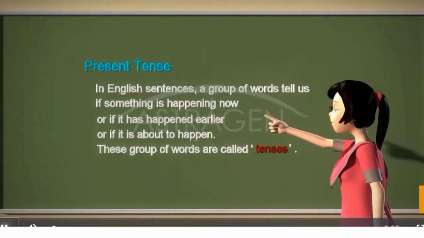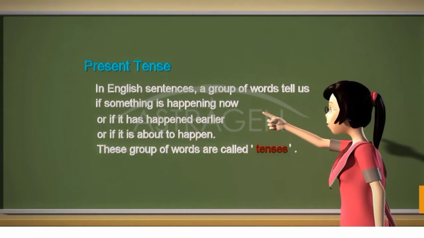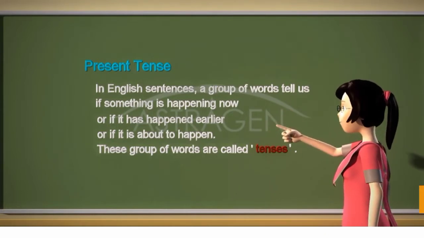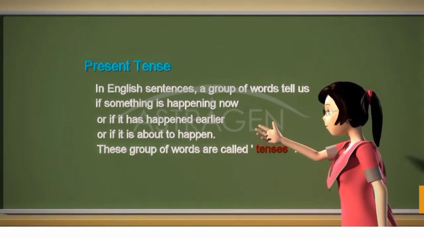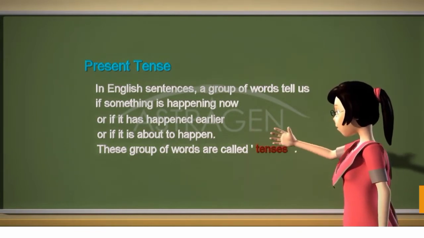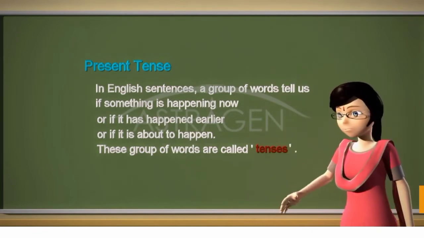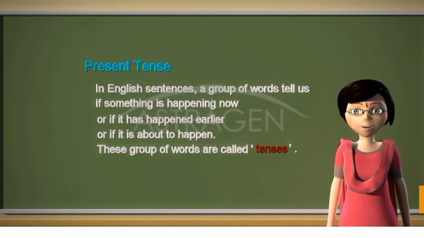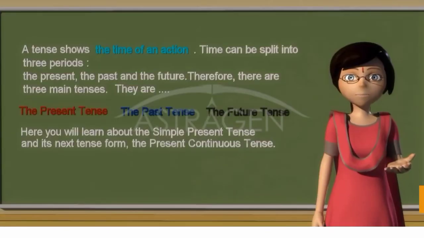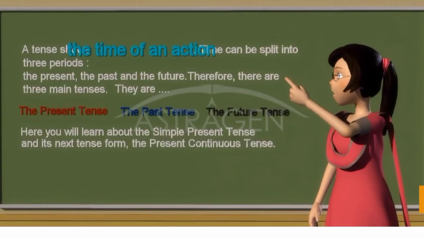In English sentences, a group of words tell us if something is happening now, or if it has happened earlier, or if it is about to happen. These group of words are called tenses. A tense shows the time of an action.